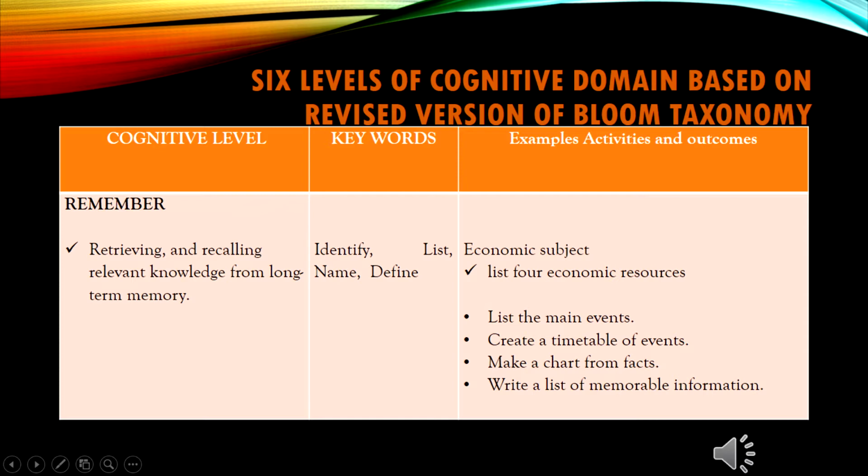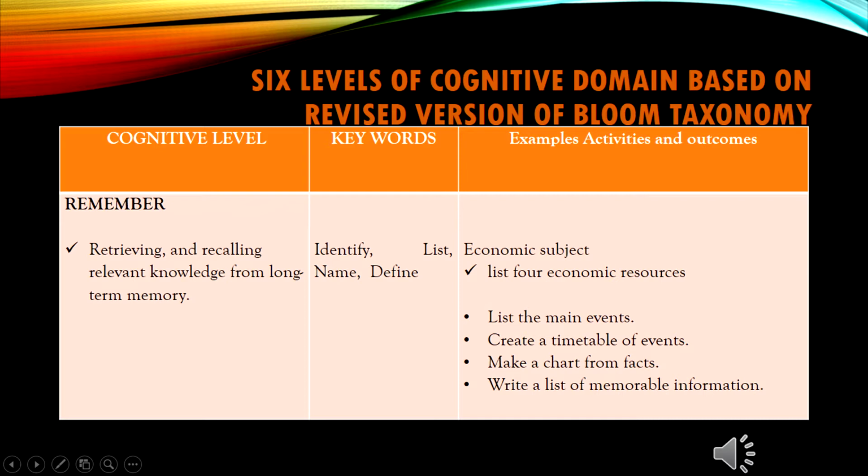Now, I want to explain the cognitive levels. The lowest cognitive level is remember. Remember is retrieving, reproducing, and recalling relevant knowledge from long-term memory. In simple words, it is recall of facts and basic concepts. Keywords for this level are identify, list, name, and define.